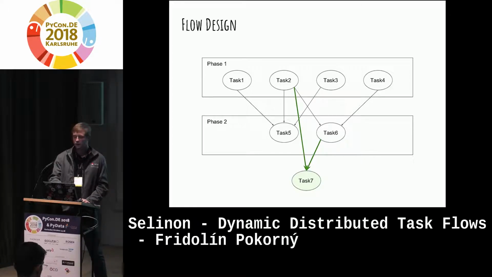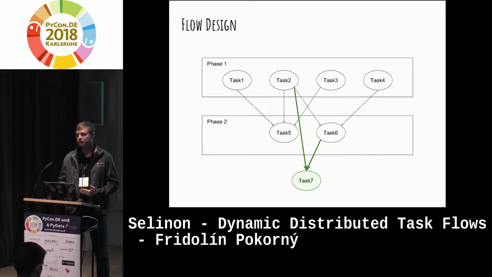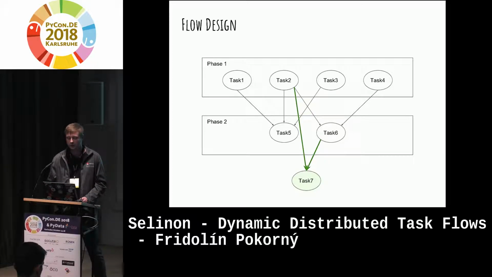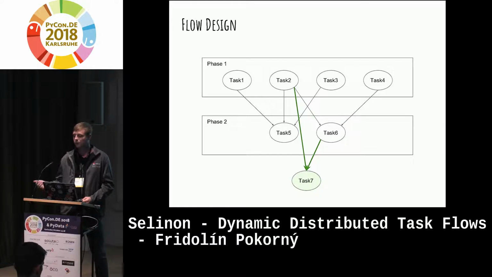And if you would like to introduce task 7, that means that you need to somehow restructure it, possibly create phase 3 and put task 7 into phase 3, or you would like to create something like phase 1.5 and execute task 7 before task 5, and stuff like that.